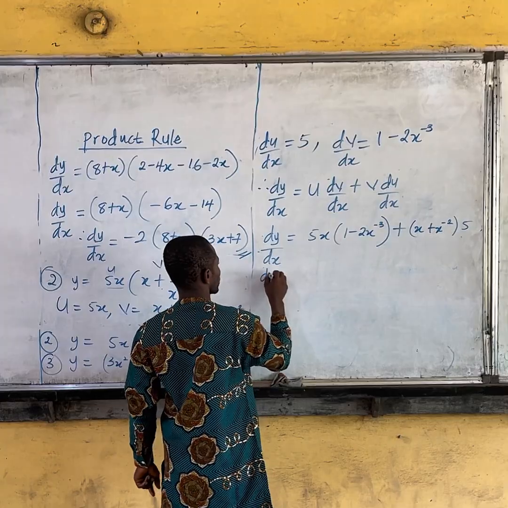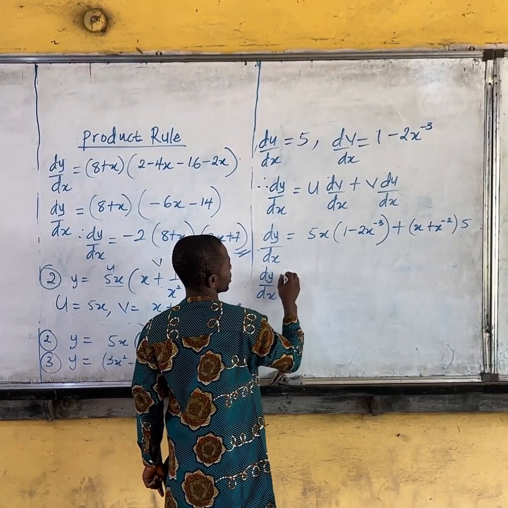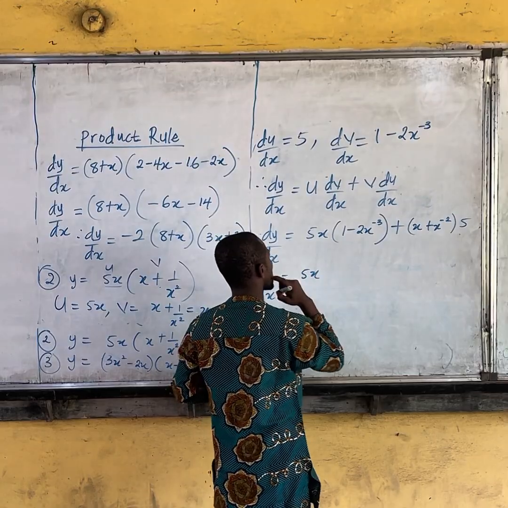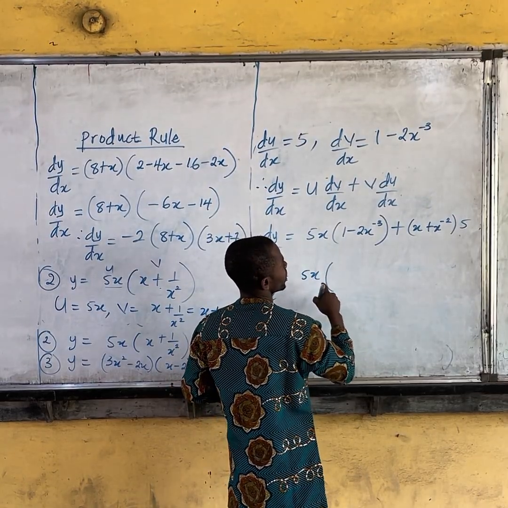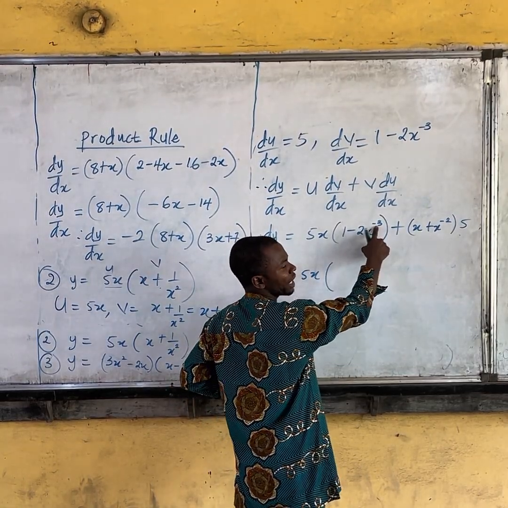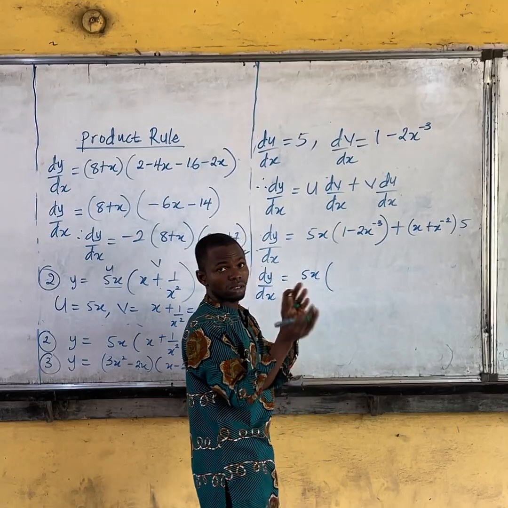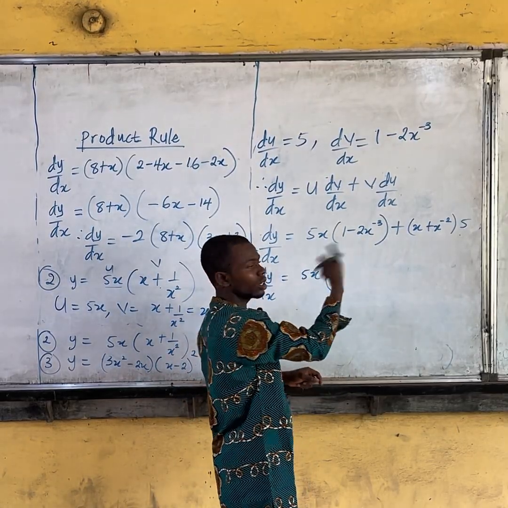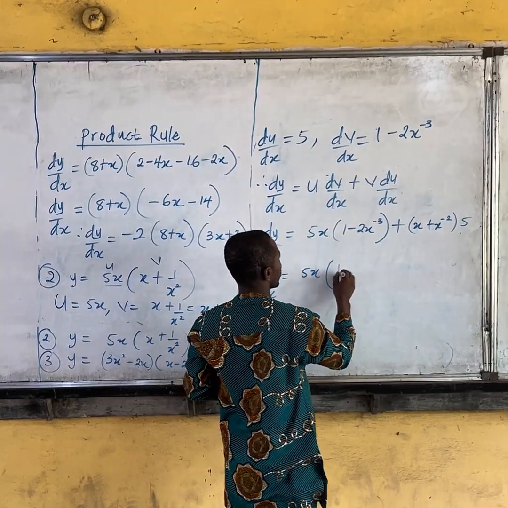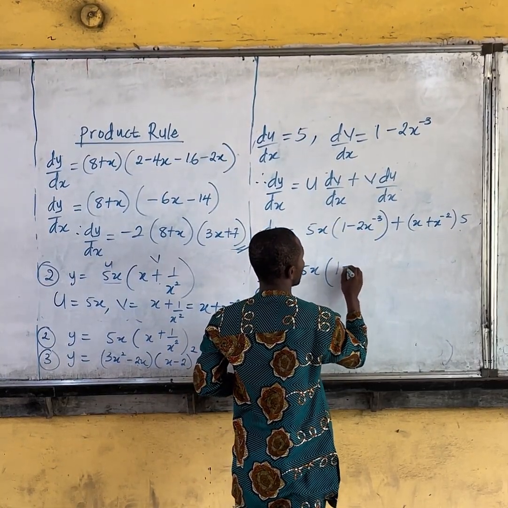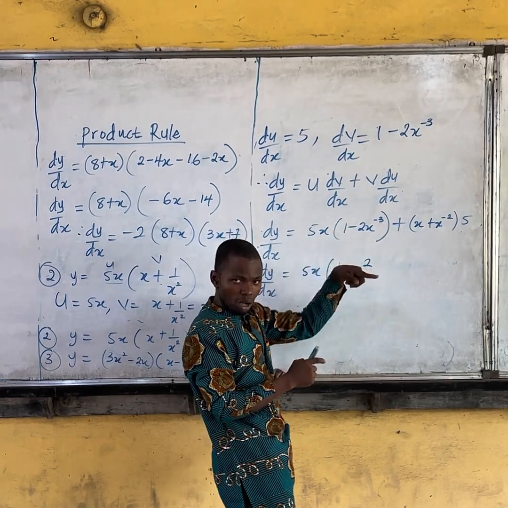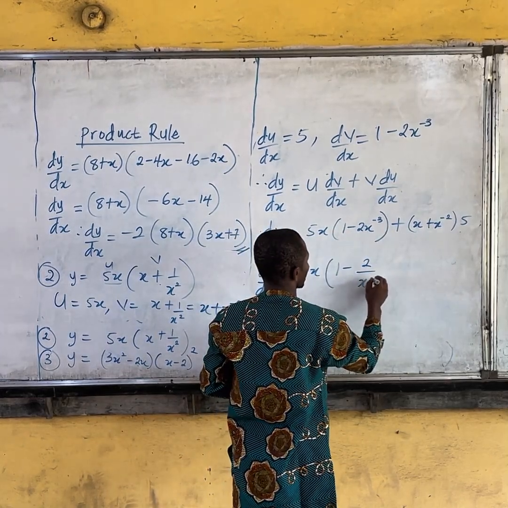So dy over dx will now be 5x bracket. Since this is a negative power, we can turn it to be over. That is 1 over, 1 minus 2, the x raised to the power of minus 3 will come down over x power 3.